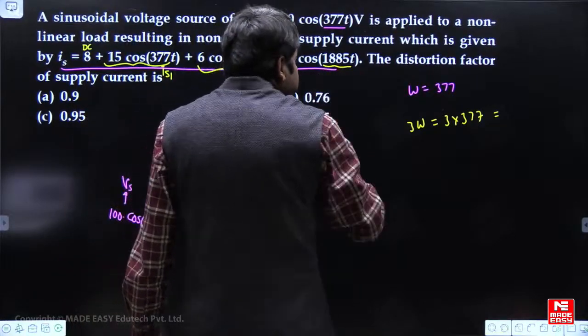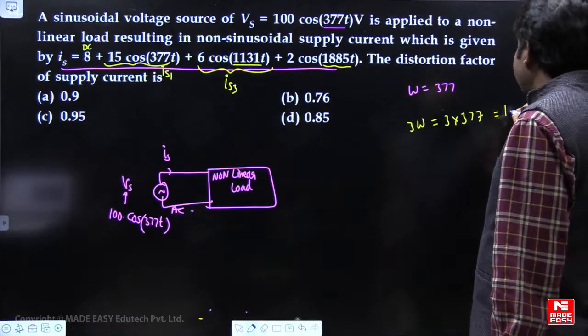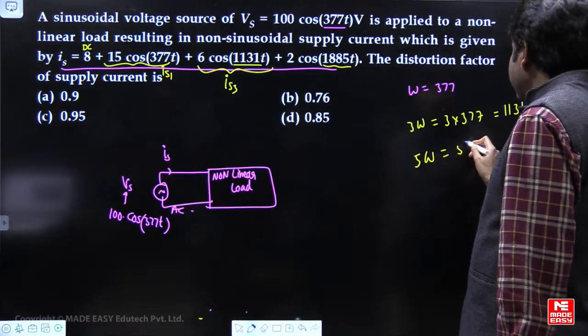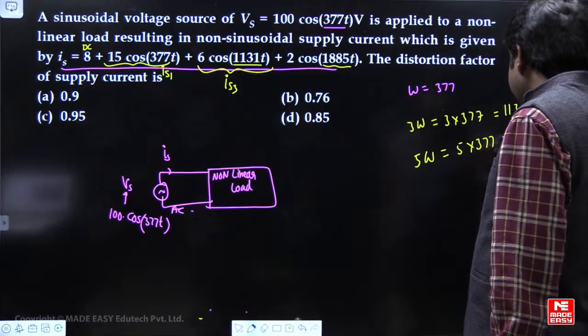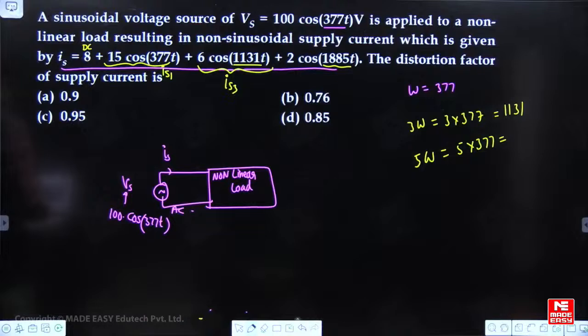What is this frequency? Calculate 5 into omega, 5 into 377, that is 1885.